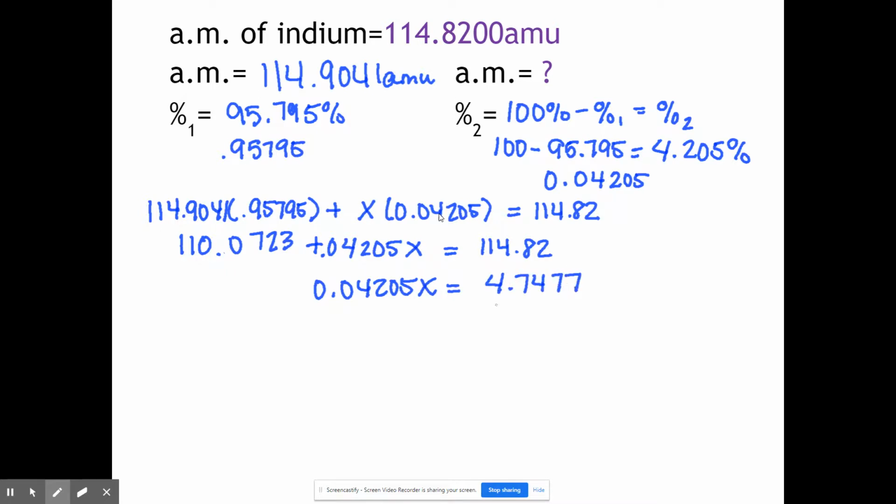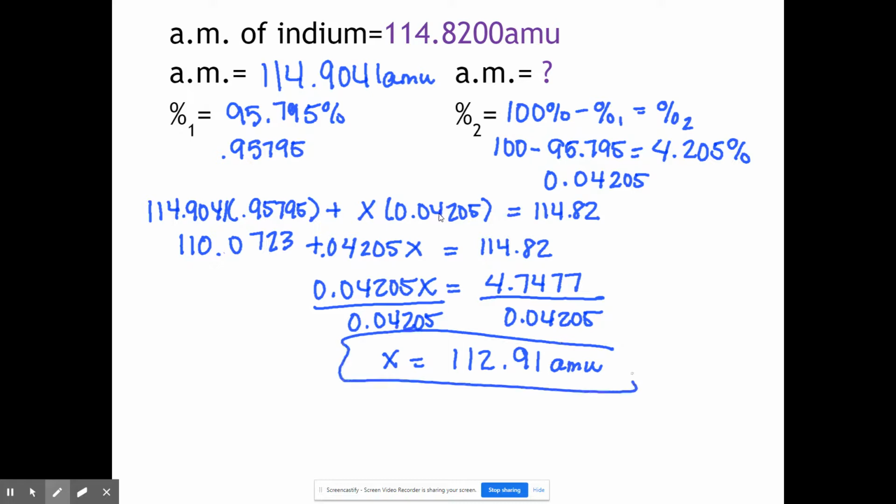And when I subtracted that, I got 4.7477. Now I'm going to divide to cancel this out by 0.04205 on both sides. And I got x equals 112.91 AMU. So my other isotope has a mass of 112.91.